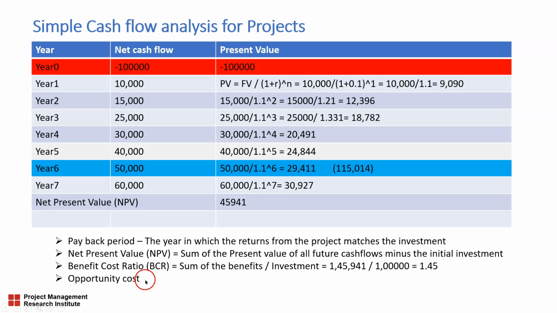Then there is the opportunity cost. If I have 100,000 rupees or dollars, and I'm investing it in project A, then the NPV of project B is the opportunity cost, or the opportunity lost. Let's say either I can buy a luxurious flat, or I can buy an independent house in the suburbs.